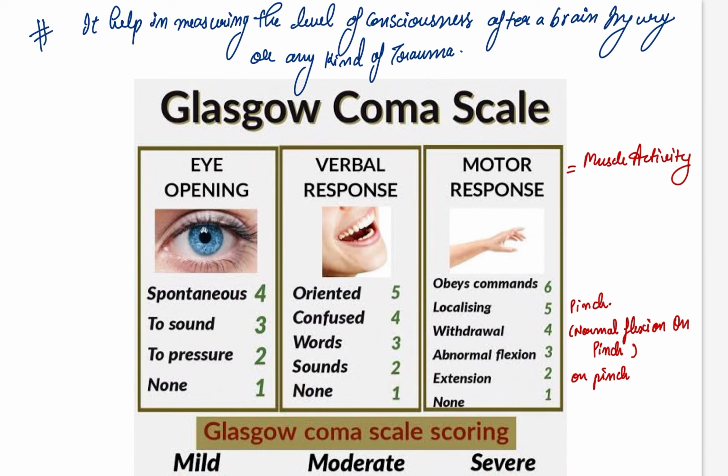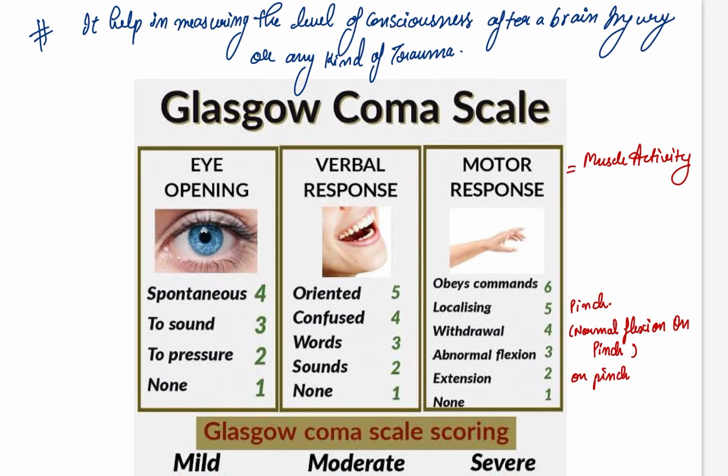Now we will come to the motor response, or the muscle activity. If the patient obeys your command, like if you say move your hand forward, lean forward, or move your fingers, and he can move, then you can give the score of 6, right?